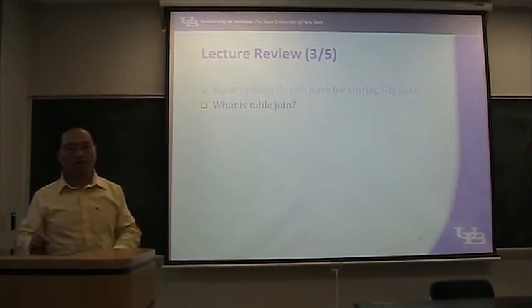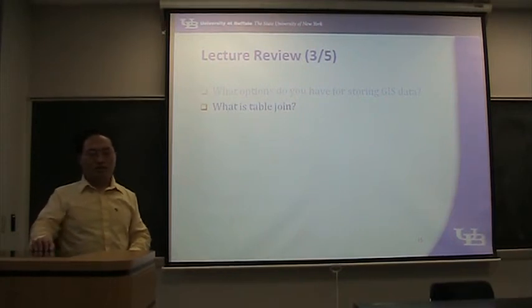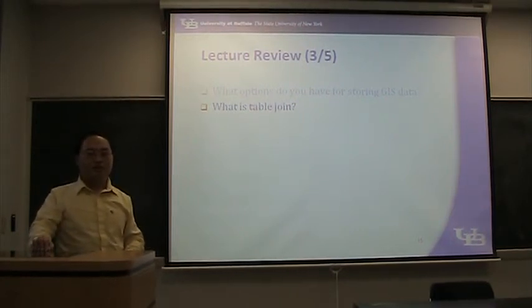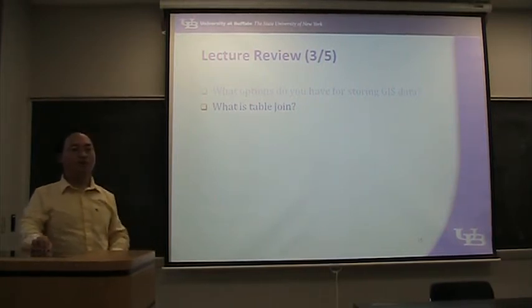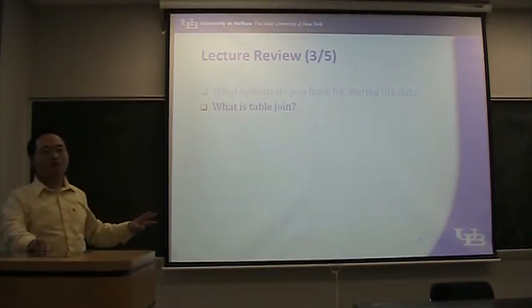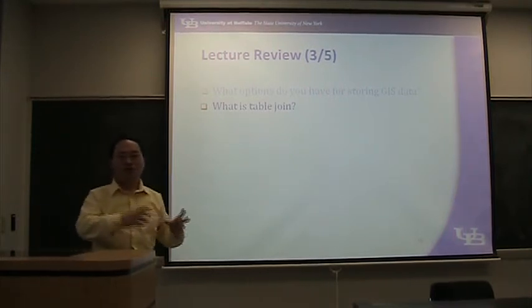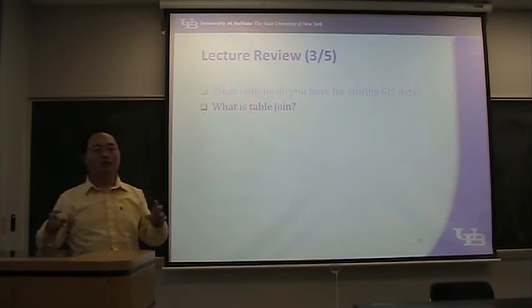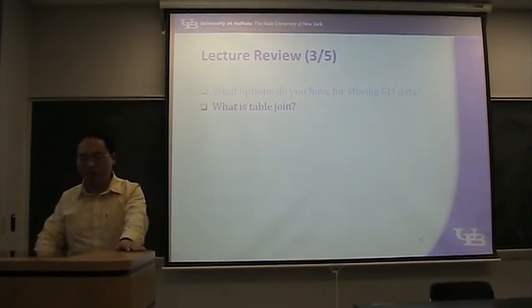So we share the same key. Same key, same field, for example, the ID. Yes, based on the key. You're right. Good. So based on a certain key, and based on whether this key exists in each table, you decide whether this record should be selected in the final resulting table.